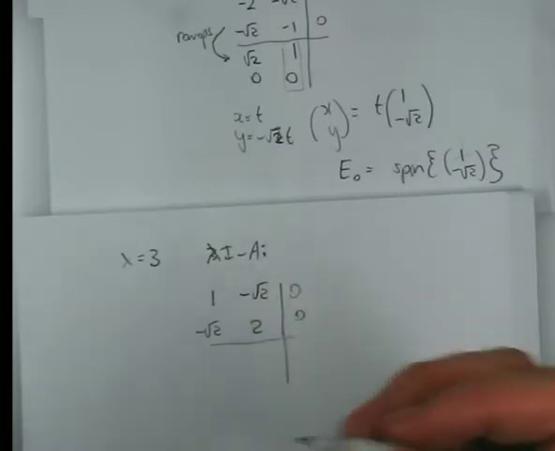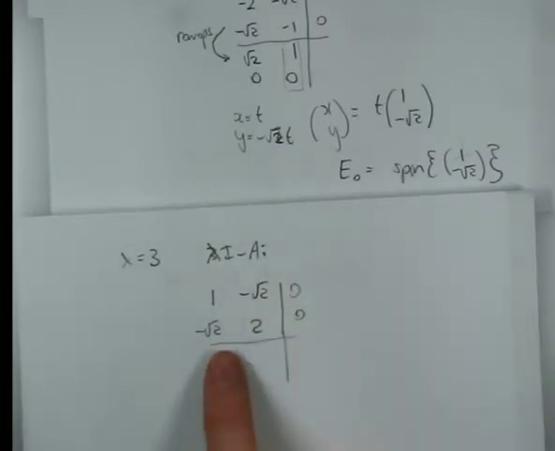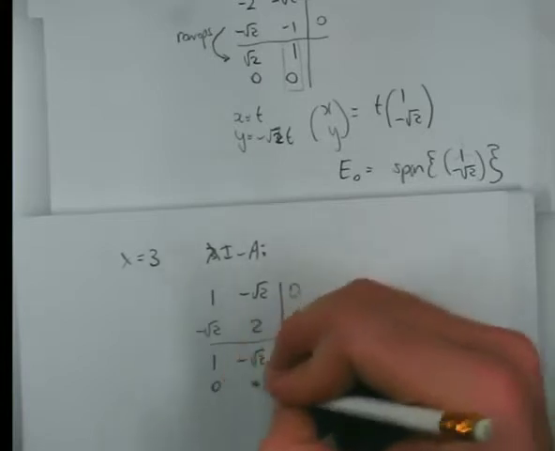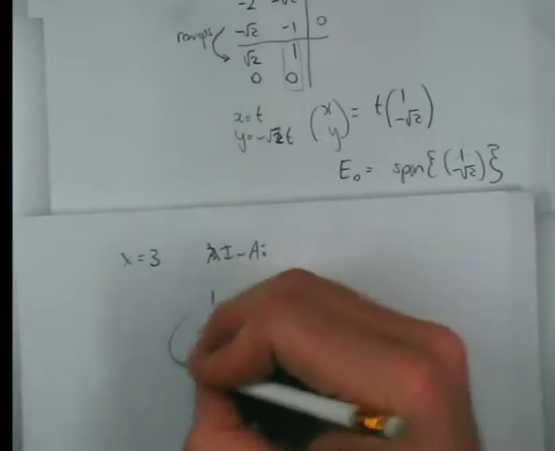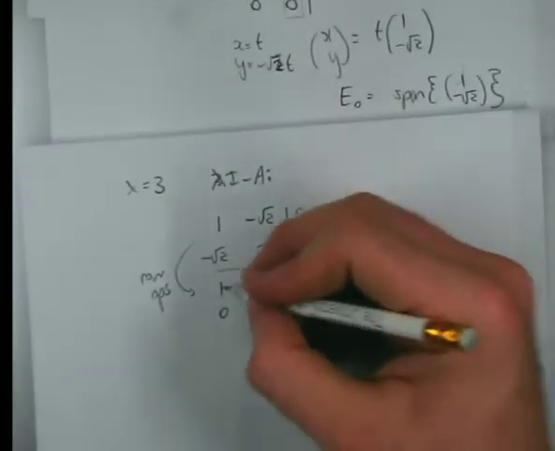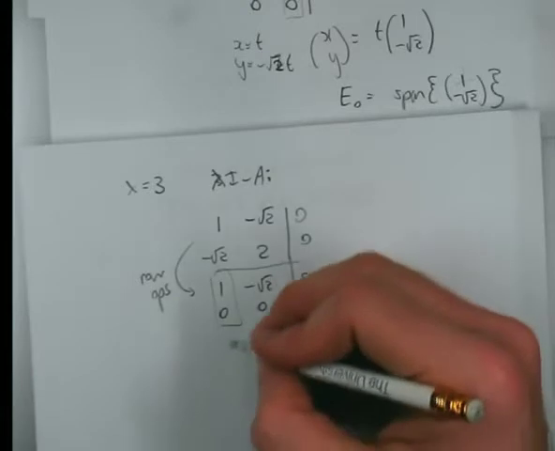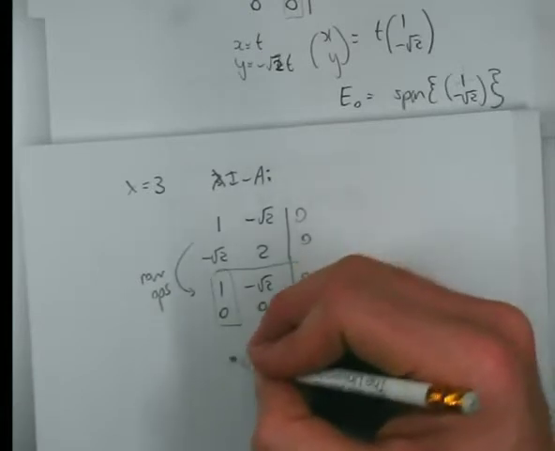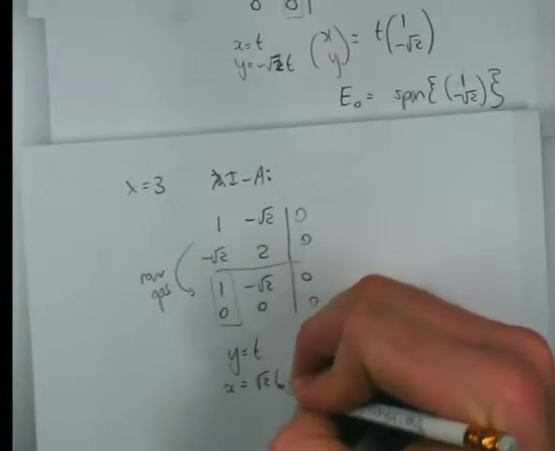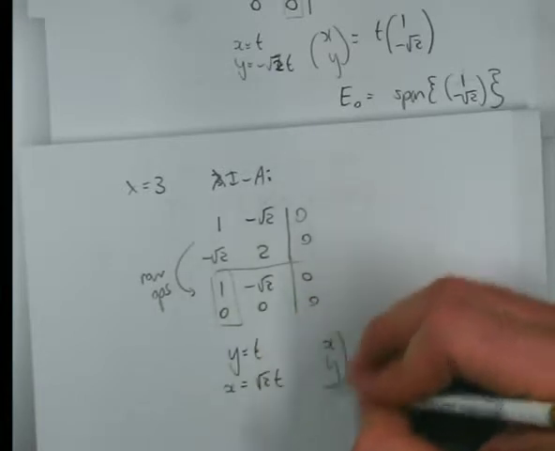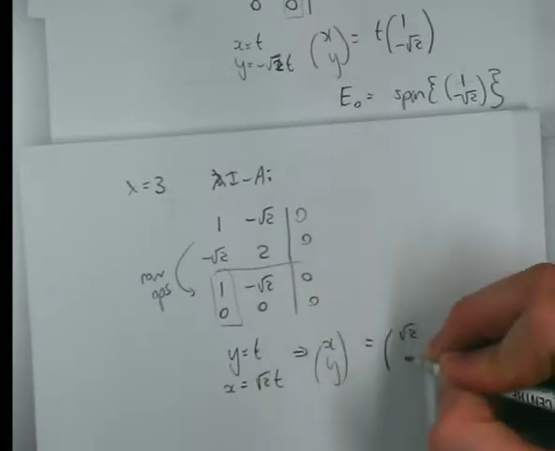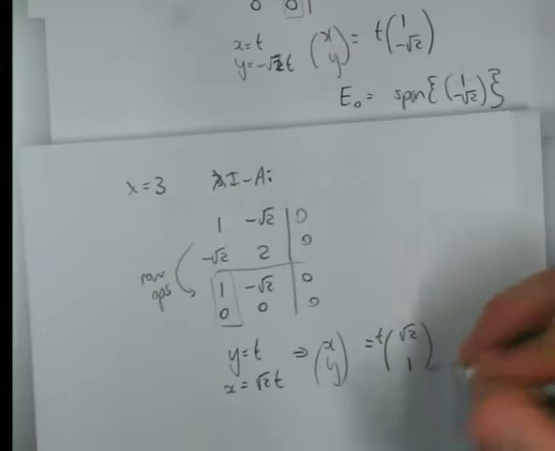The row operation will be row 2 plus root 2 of row 1, and I'll get this. So that's my pivot, and so y is t, x is root 2 t, and therefore xy is root 2, 1. Which is good.